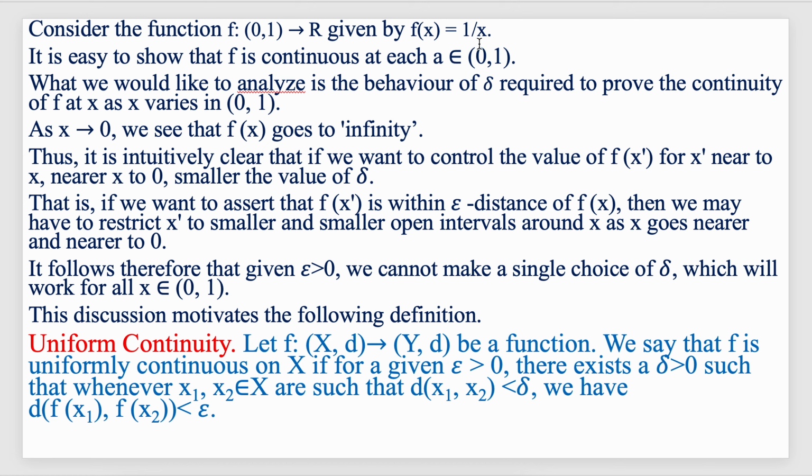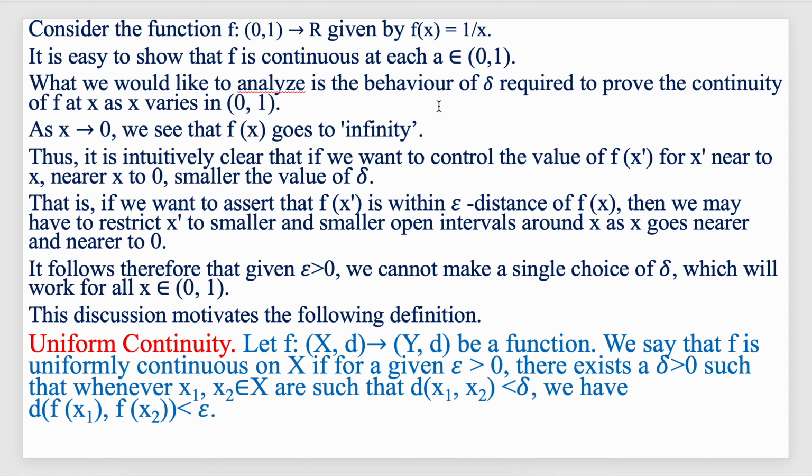As x tends to 0, we see that this function f(x) goes to infinity. Thus it is clear that if you want to control the value of f(x') for x' near to x, nearer x to 0, smaller the value of delta.